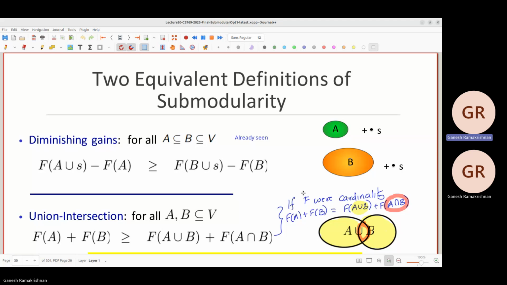What did we do? We said we are going to look at A, look at B, identify the region that is in the intersection, identify the region that is A minus B, identify the B minus A part, and we gave names to all of these.